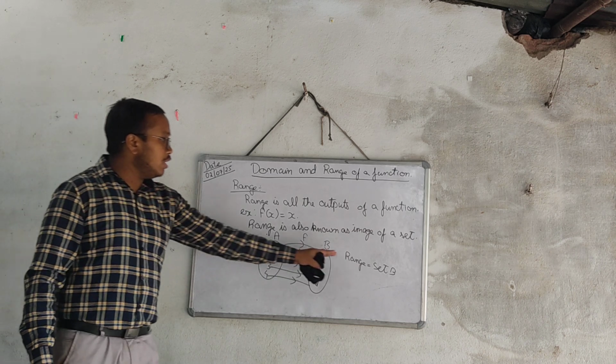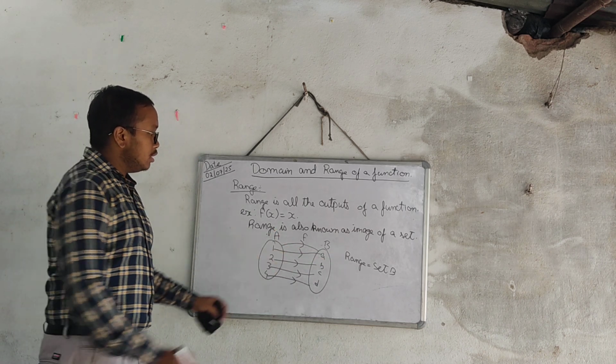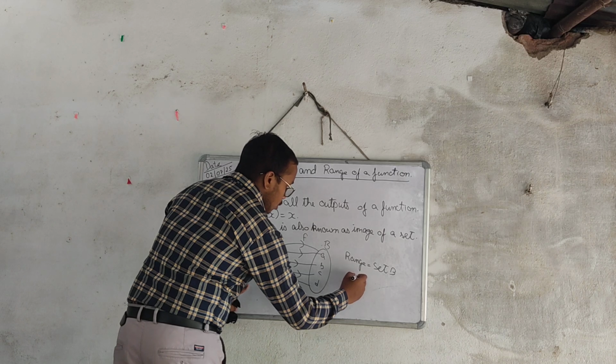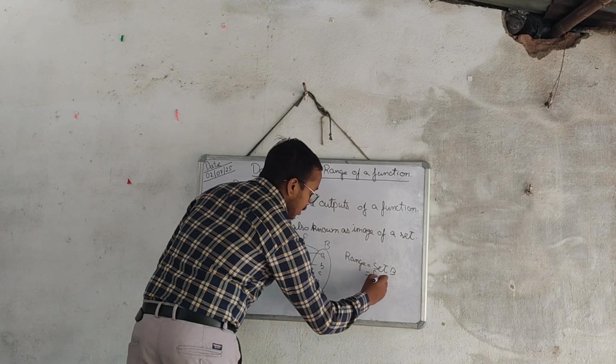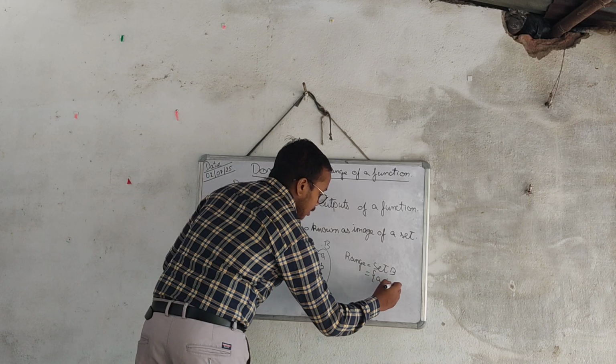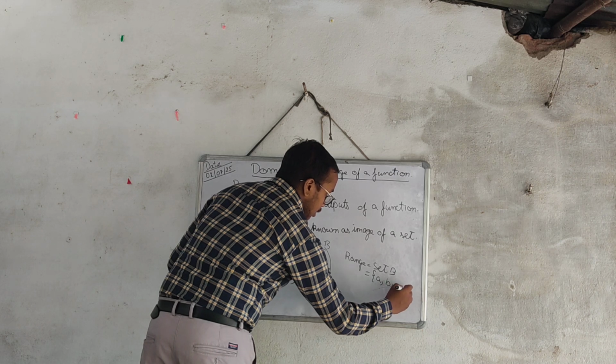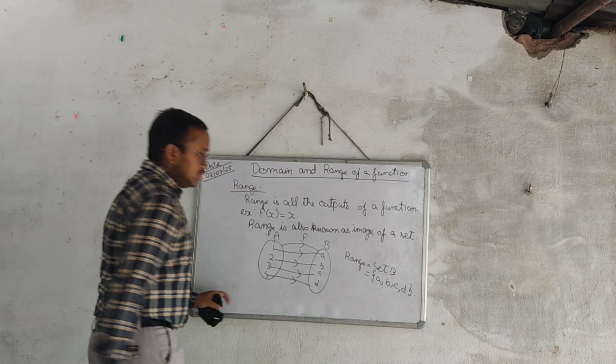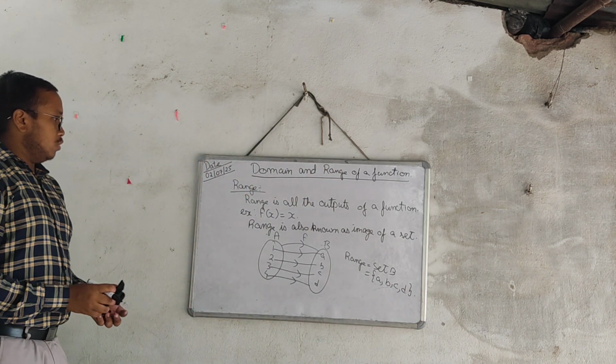Therefore, range of this will be set B. Or we can write it as range is A, B, C, and D. Is it clear?